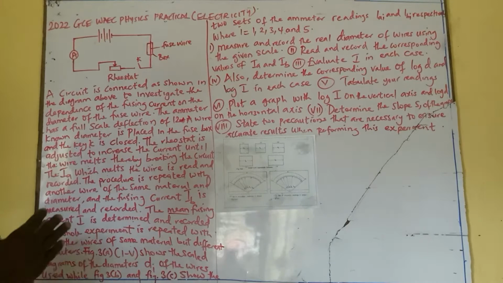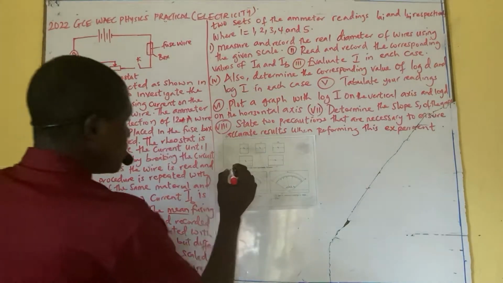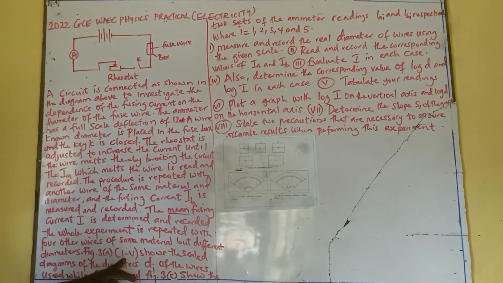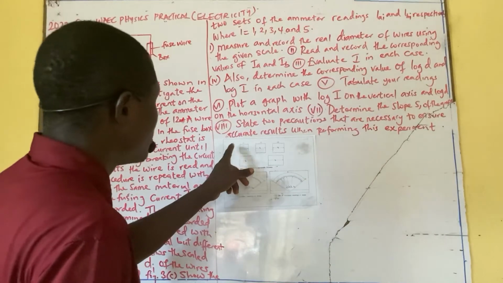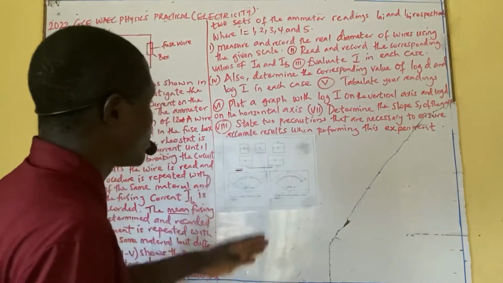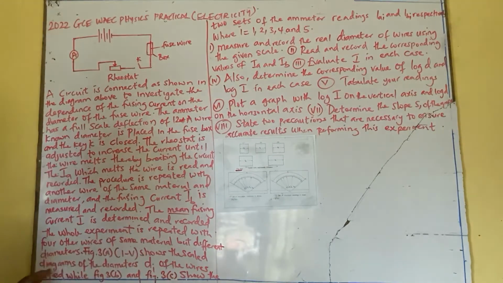The whole experiment is repeated with 4 other wires of the same material but different diameter. Look at Figure 3A, which has Roman figures I, II, III, IV and V, and shows the scale diagram of the diameter, D, of the wires used.